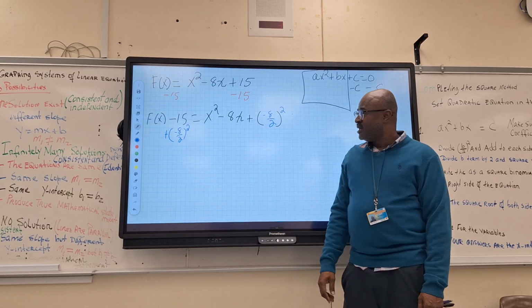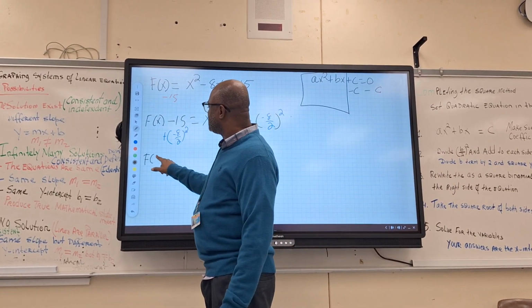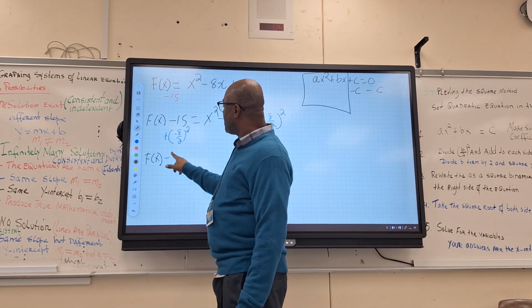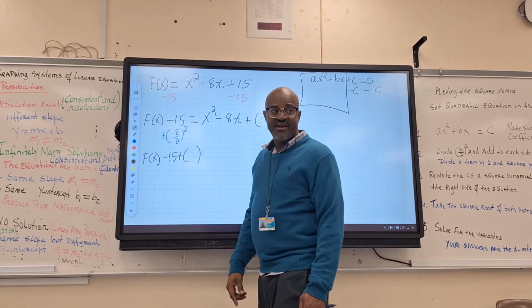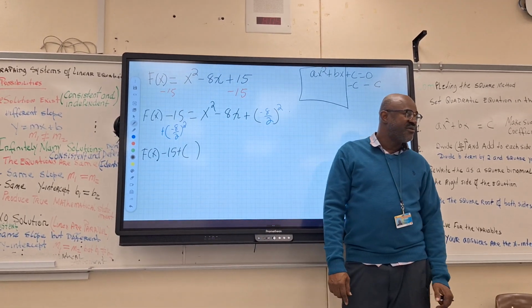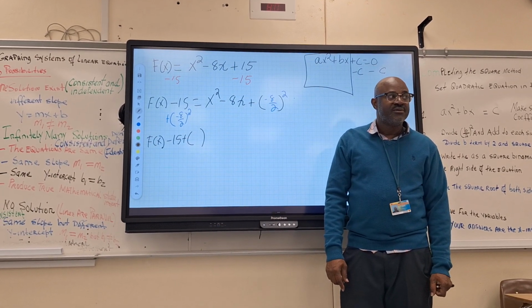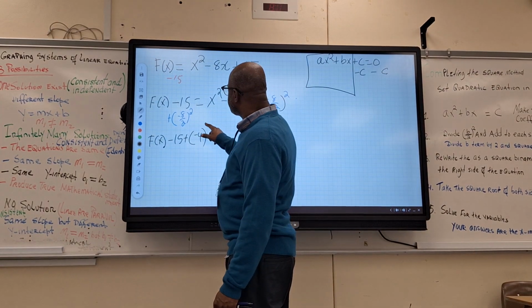So then we simplify that. So we'll have f of x minus 15 plus whatever negative 8 over 2 is. When you simplify that, what is negative 8 over 2? Negative 4. And that's what you square.